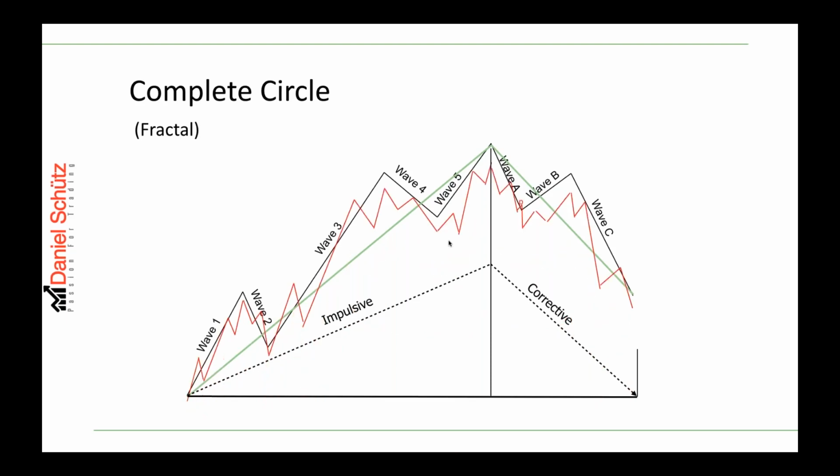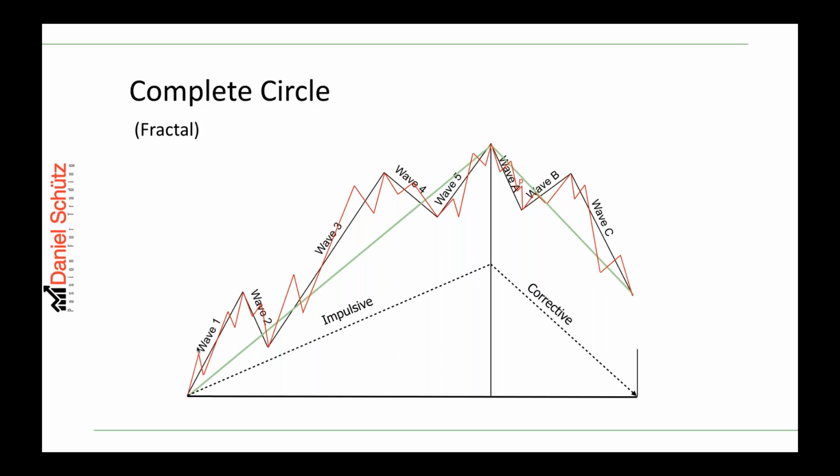And if we scale down to a lower time frame again, then it will look like that. Wave 1 we can also count as a 5 up, wave 2 as a 3 down, wave 3 as a 5 up, wave 4 as a 3 down. So this means the fractal nature of Elliott waves.